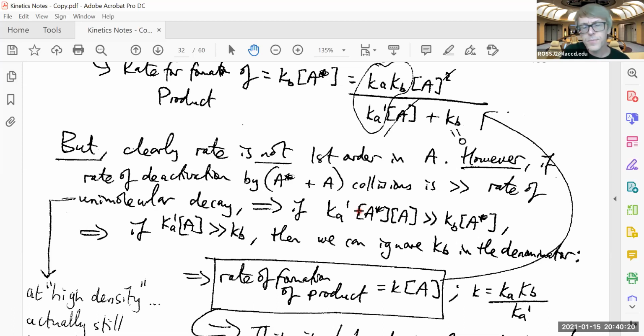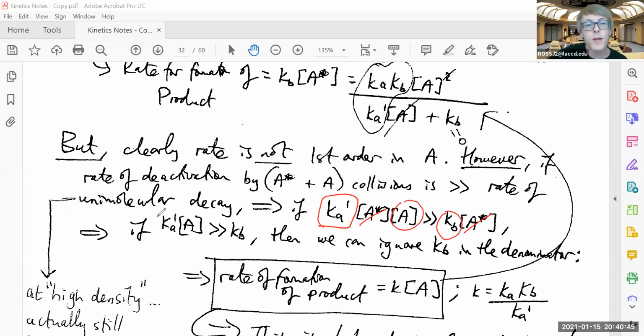then we can assume, therefore, that if we get rid of the A star from both sides, we're just left with Ka prime A, and then Kb.